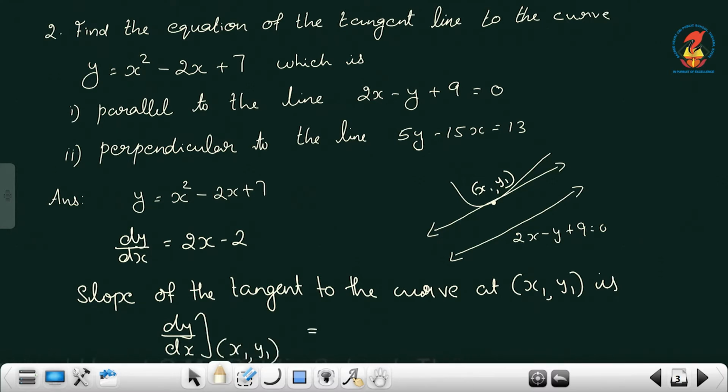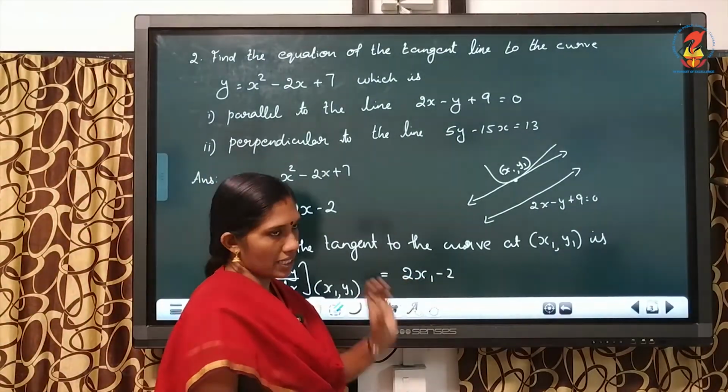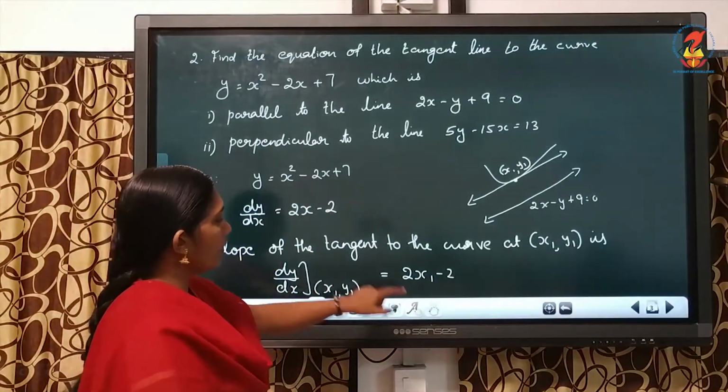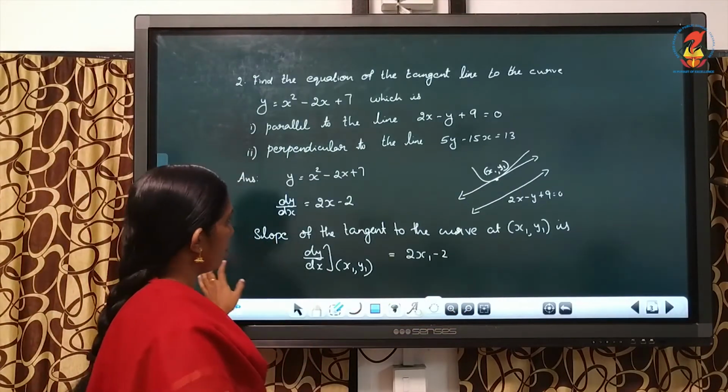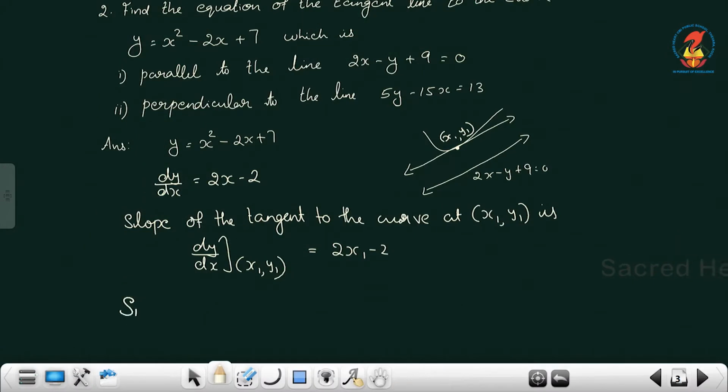So, that is equal to, substitute x1 here, 2x1 minus 2. So, that is the slope of the tangent to the curve. We do not know the value of x1. For that, we can use slope. So this is the first part of the question.